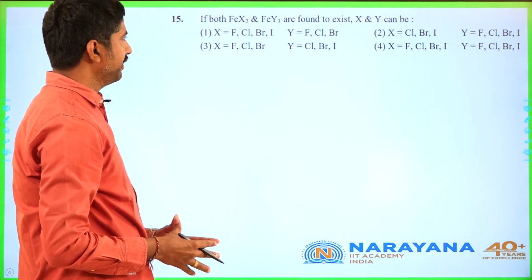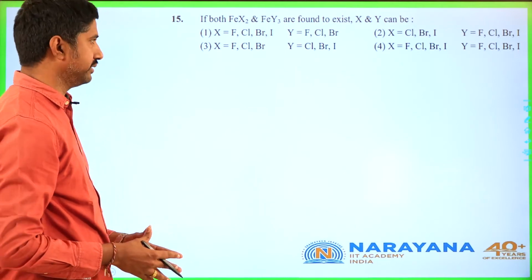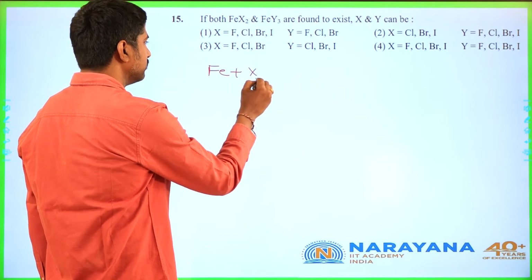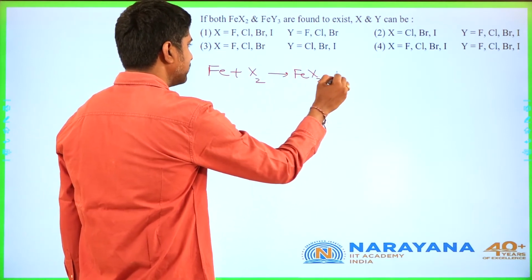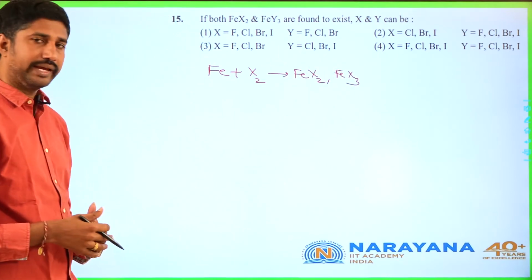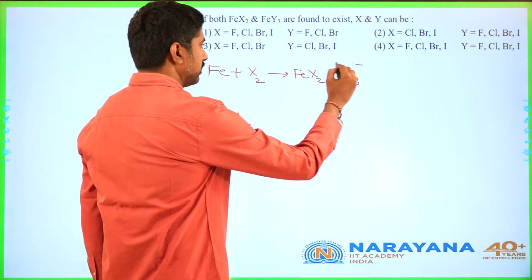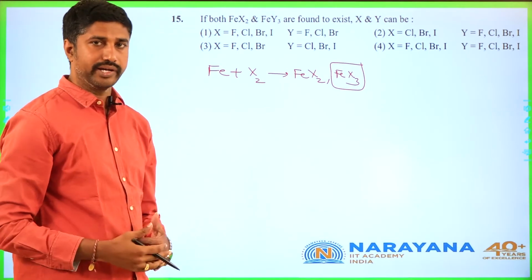So if both FeX2 and FeX3 are found to exist, we know iron can combine with halogens and form dihalides as well as trihalides. And we can say whether trihalides are all possible or not possible if you just identify.